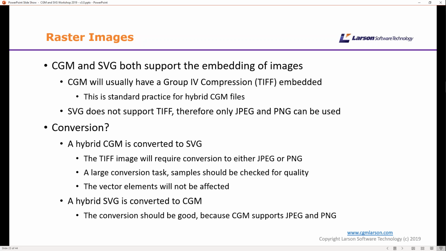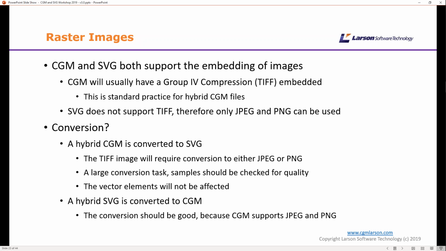So raster images. As I mentioned earlier, both those formats are hybrid, so they both support the embedding of raster images. In CGM, you're usually going to find TIFF files, because that's really one of the standards that was used for introducing raster images into a CGM file. But SVG does not support TIFF. So there's an immediate challenge.